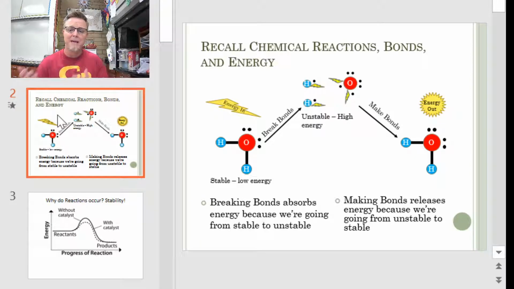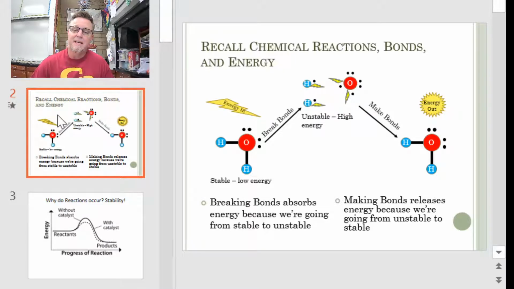When atoms make or break bonds, first of all, they're trying to reach stability or happiness, as I put it before, with the octet rule. The second thing that you have to remember is that anytime bonds are made or broken, there's an energy quotient that we have to deal with. Nothing in this world can happen for free. There's always going to be energy involved.